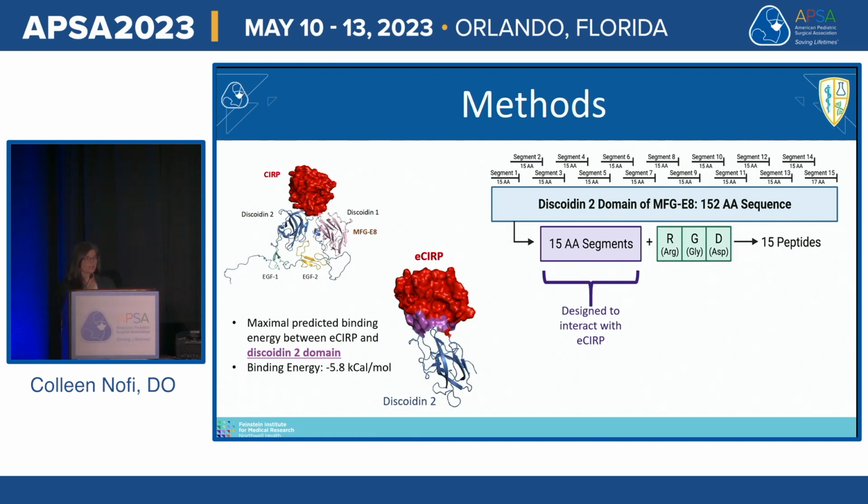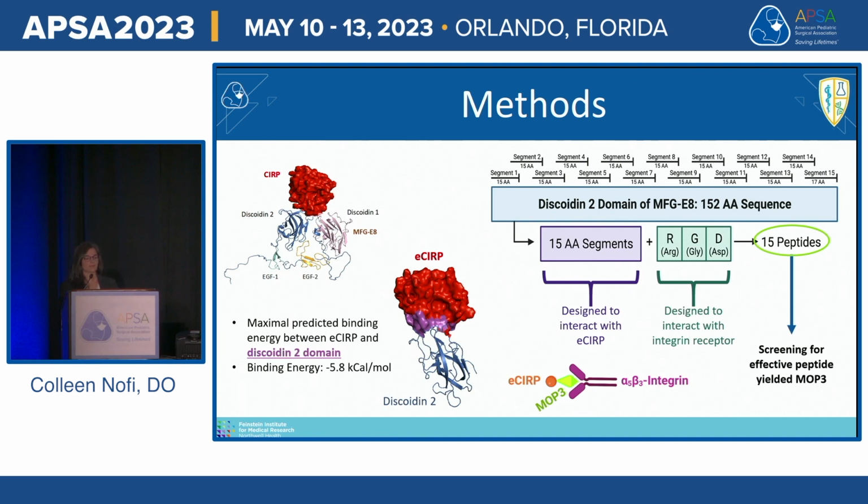We then tagged each of these segments with 3 amino acids, RGD, which are known to interact with the integrin receptor. Thus, in this way, the peptide was designed to be a bridge linking ECRP to the integrin receptor. This process yielded 15 potential peptides. Each peptide then underwent in vitro screening experiments, which led to the discovery of MOP3 as the only effective anti-inflammatory drug.